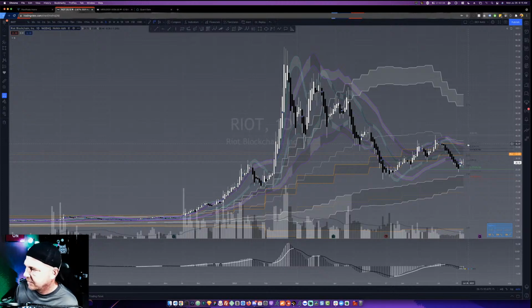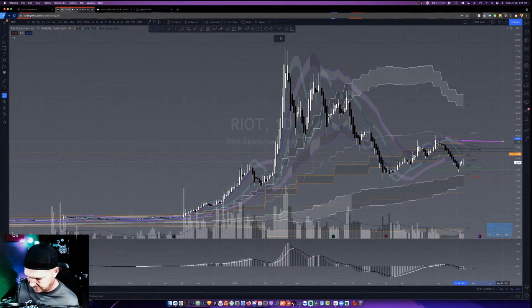So for me to get interested in Riot again, I would need to see it break above 38, and then I take it from 38 to 52. That's just because it's got a lot of congestion to get to the weekly mid, right?